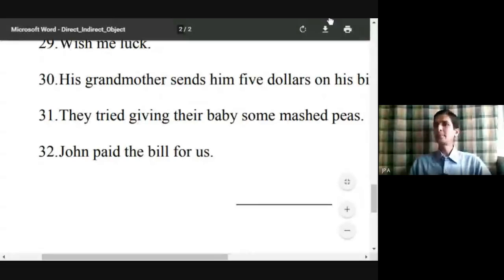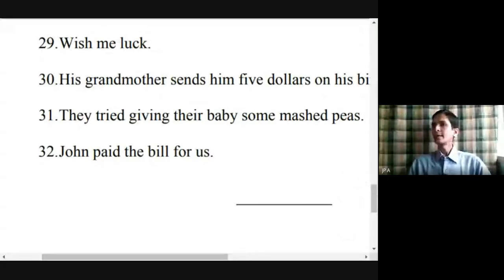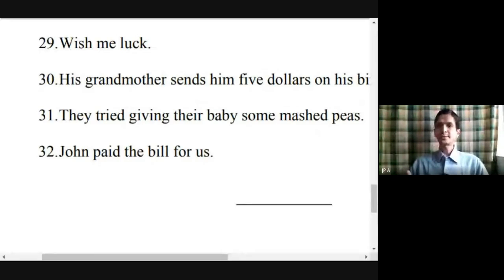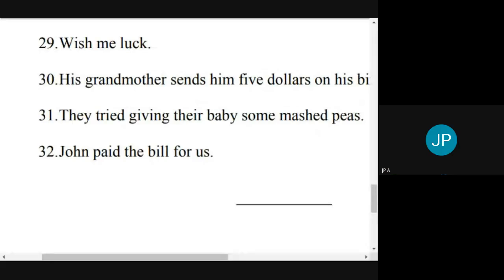They tried giving their baby some mashed peas. "Giving" is the verb. The objects belong to "giving". Giving what? Giving some mashed peas. Some mashed peas is the direct object.